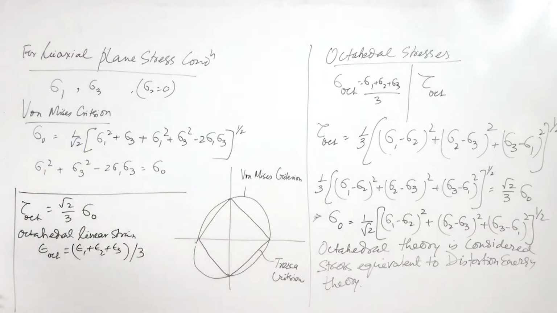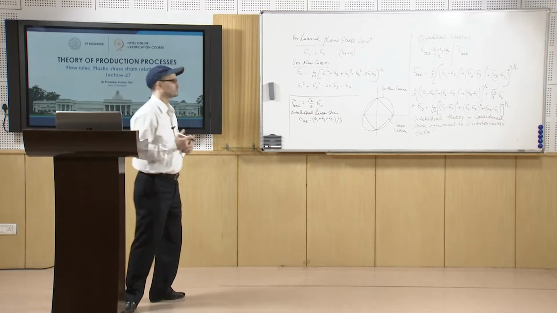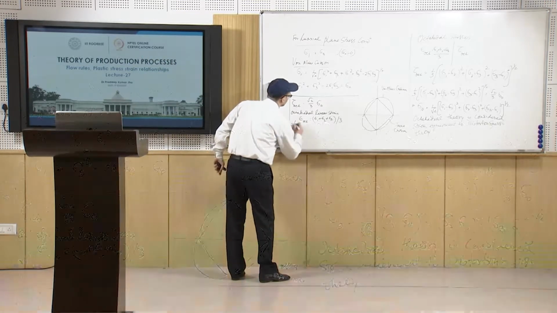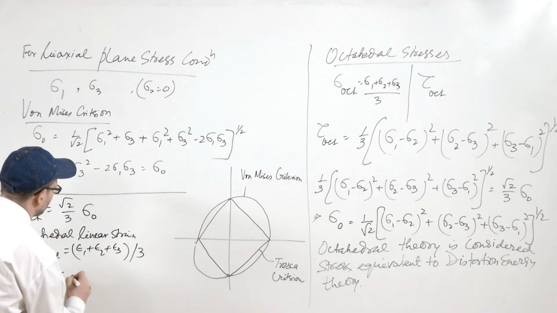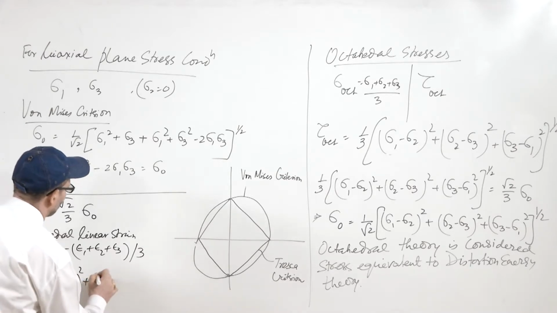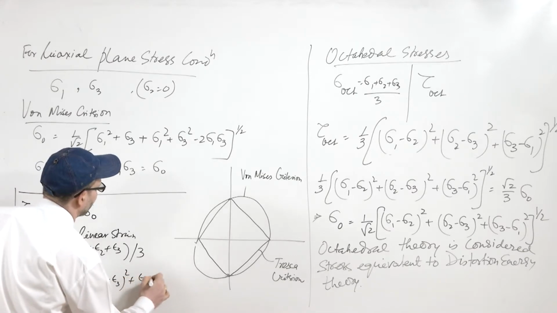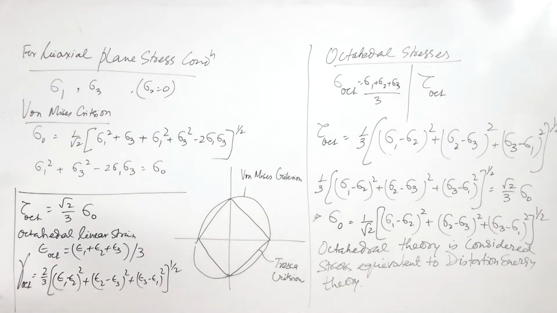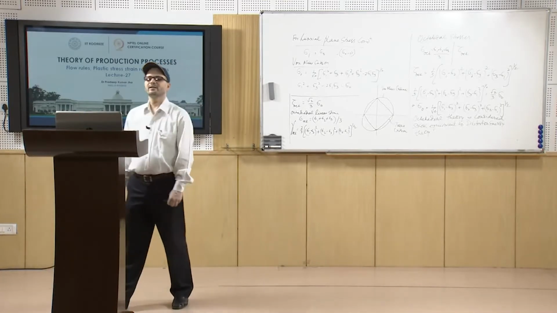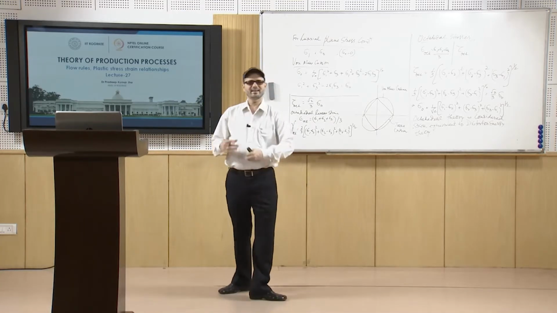So, that is known as octahedral linear strain. Similarly, octahedral shear strain you can define as [(epsilon 1 minus epsilon 2) square plus (epsilon 2 minus epsilon 3) square plus (epsilon 3 minus epsilon 1) square] raised to the power half. So, this way we define the octahedral linear strain and octahedral shear strain.